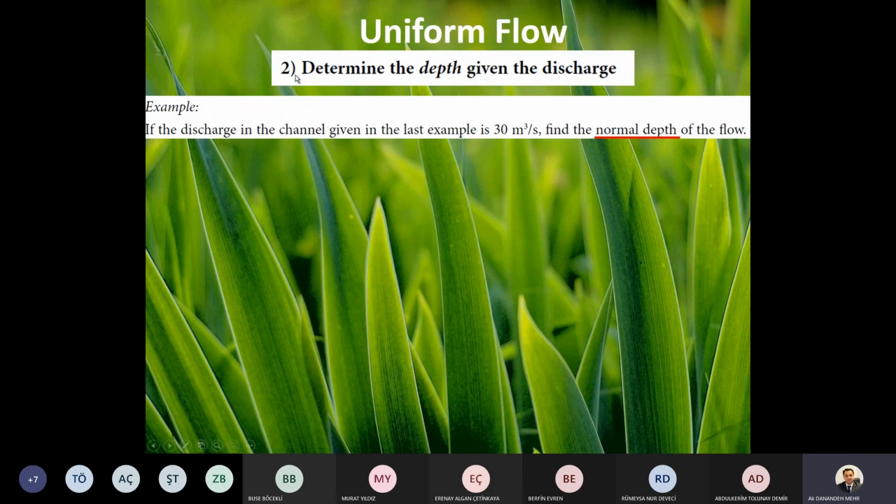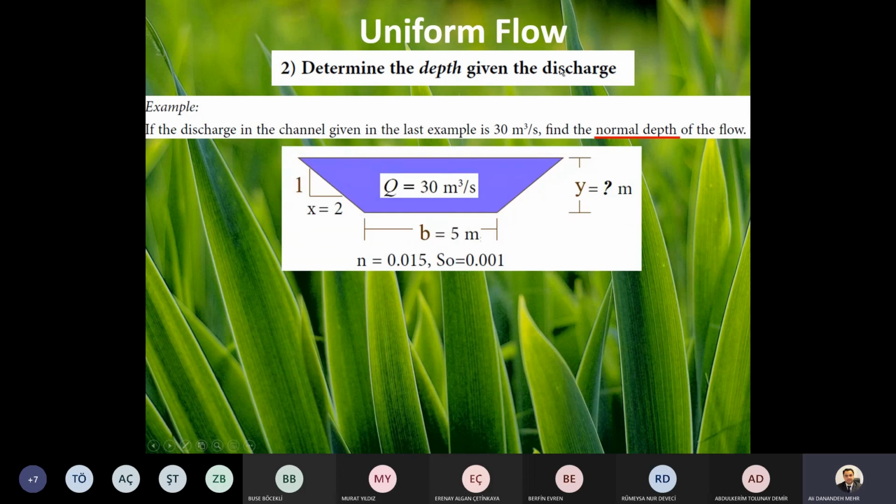Okay, and the question is from the second type of problems, and this type is a bit more difficult than the first type. You see here I have a discharge, but I don't know what is the depth of the flow in this trapezoidal section. I know that it is concrete lined, therefore n equals 0.015.